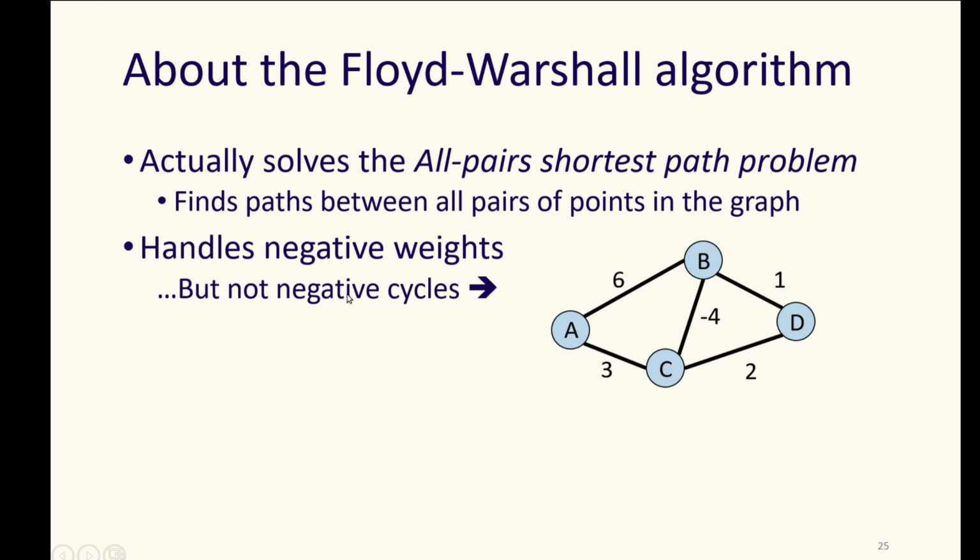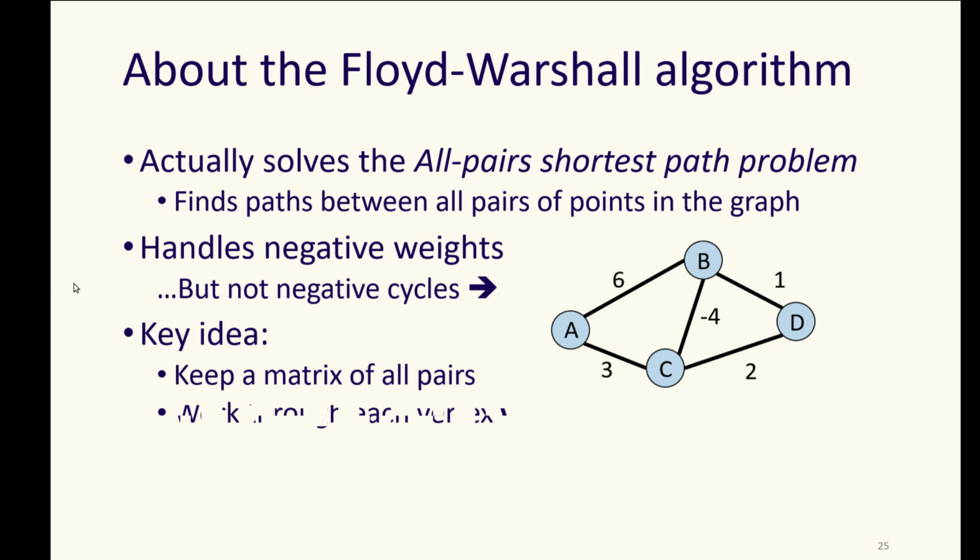But if it only had a negative edge and no cycle that you could loop through and infinitely decrease your weight, then the Floyd Warshall algorithm will handle that. The main idea is keeping a matrix of all pairs of vertex to vertex.